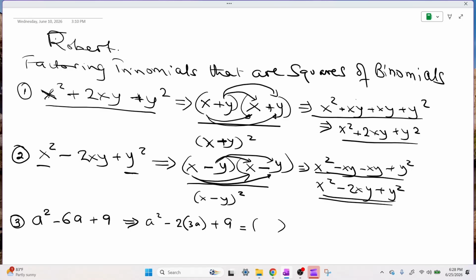So it will be x, rather a, and then you'll have plus the square root of 9, which will be 3. And because we have a negative there, then this will be negative 3. And so this can be written as a plus 3, and then a minus 3.